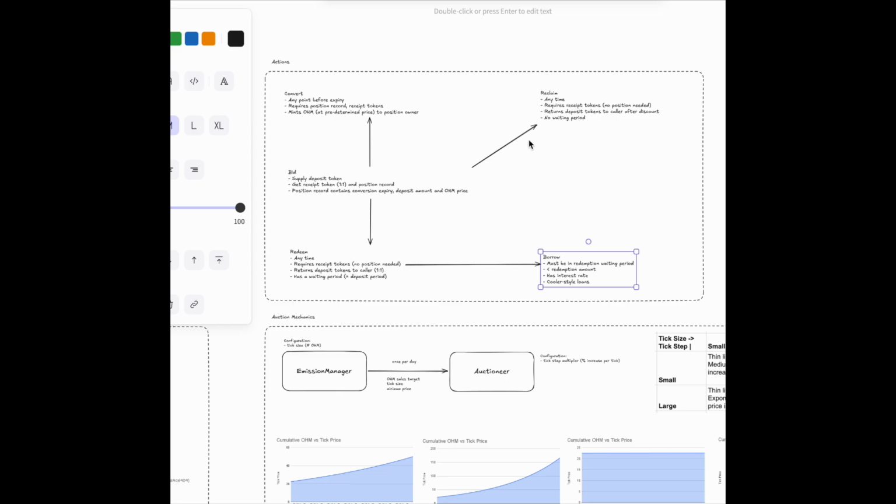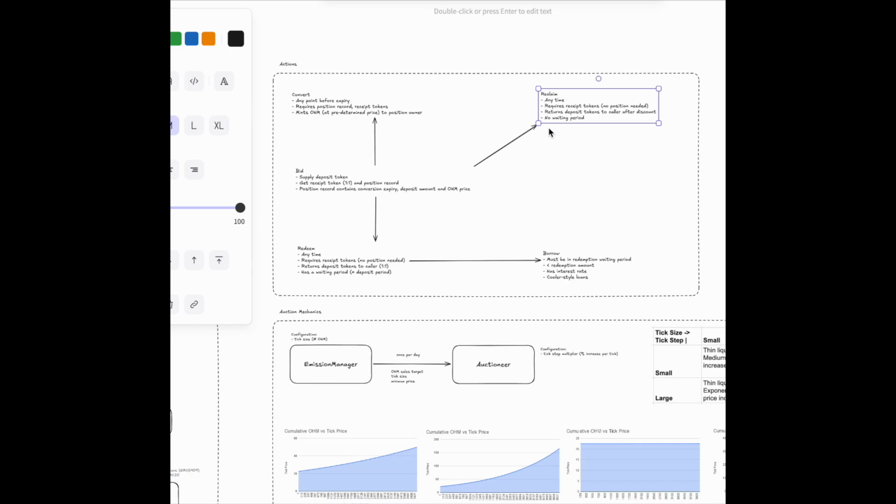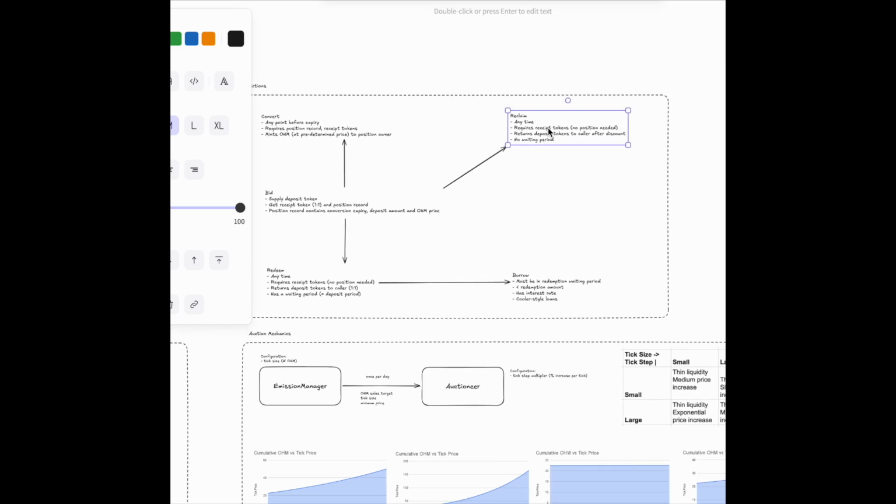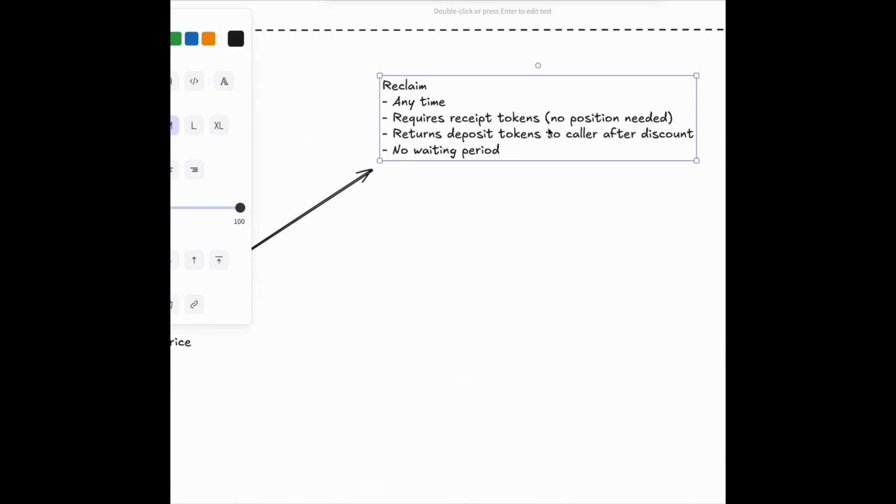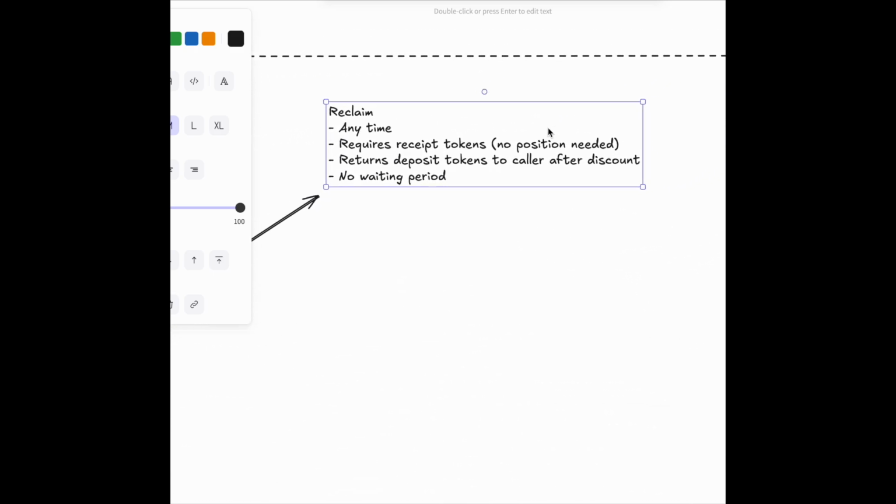And if we zoom out, the last main action is reclaim. So this is similar to redemption, where you provide the receipt tokens. You don't need a position, but it will give you the underlying deposit tokens immediately. There is no waiting period on this, and you can do it at any time. But the catch is that there will be a discount.